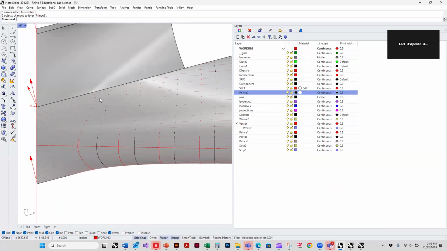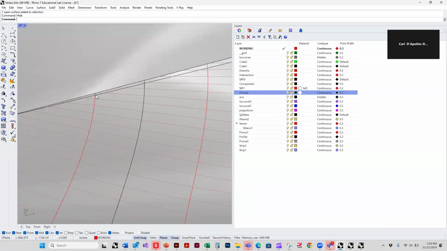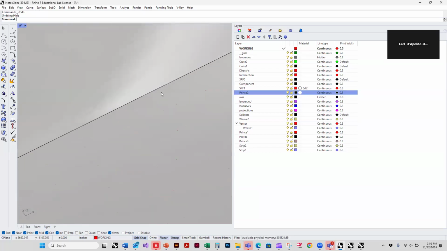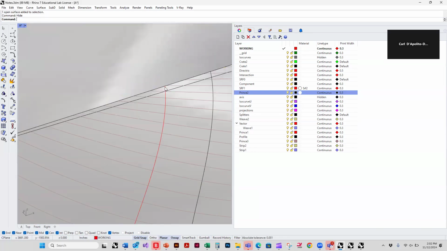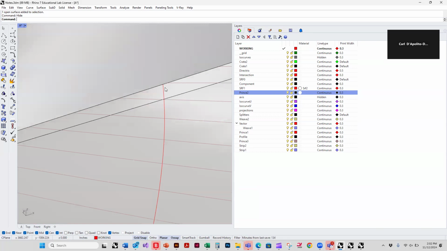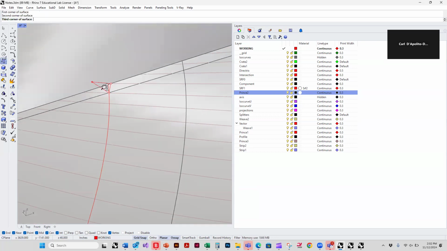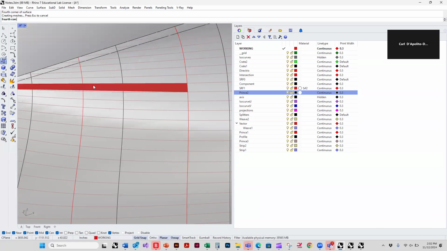Now, there's always one other step, which is rather annoying, but it's that these curves, you can see, they're not quite hitting. They're not quite aligned, the curves in one direction with the curves in the other. So if I try to put a panel in here, it's going to be sort of messed up.